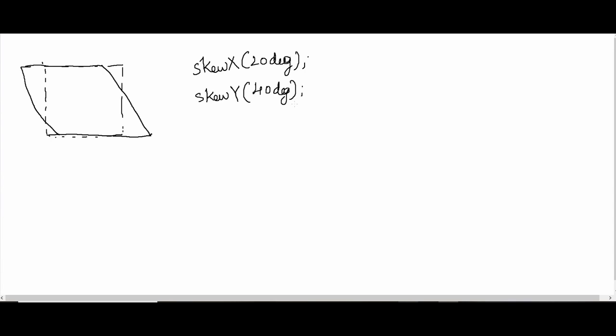If we want to combine x and y, as in our scale, we can give skew directly. Inside the bracket you give two values separated by a comma. So 20deg, and we should not give any space between the value and the degree. It should be in the same word, comma 40deg. So this is skew.